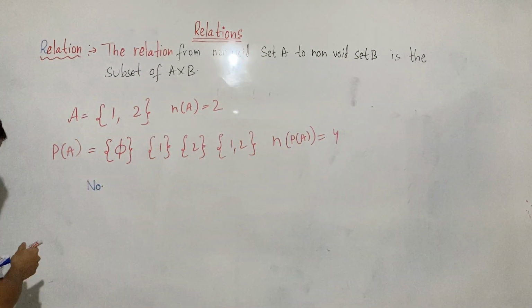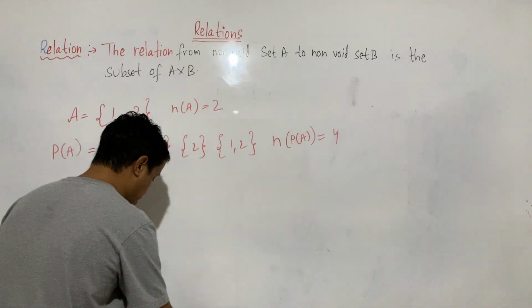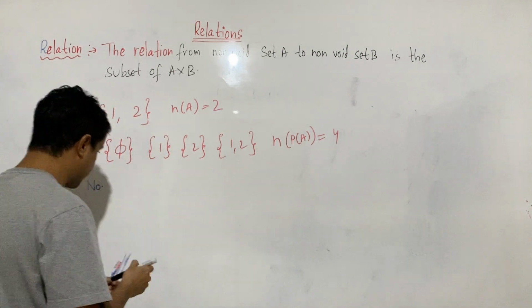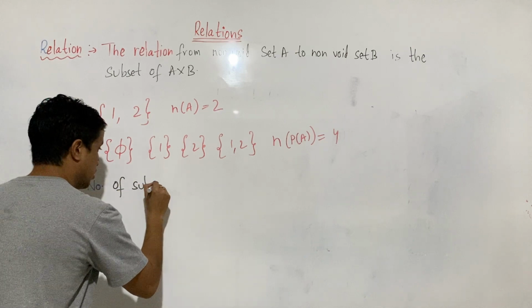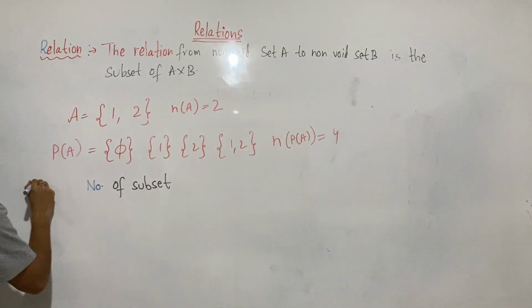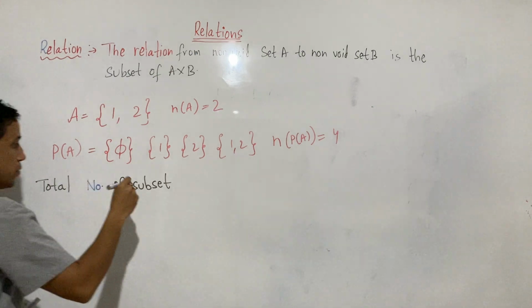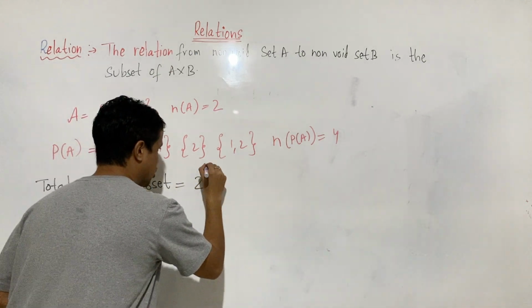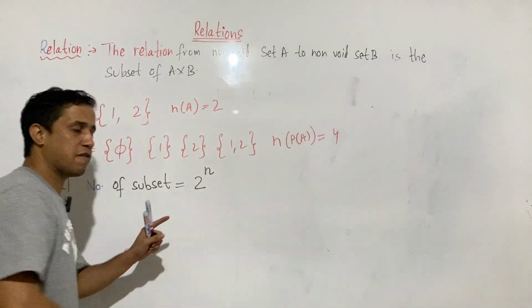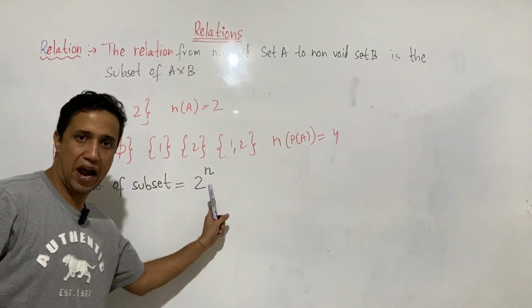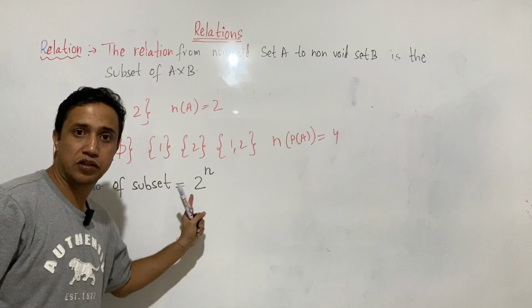This is a very powerful thing, or a very important thing. The total number of subsets is equal to 2 raised to power n. This is derived from permutation and combination.